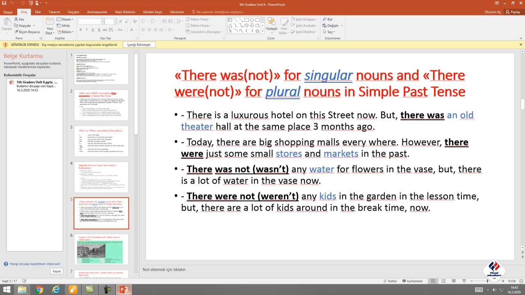There were not or there weren't any kids in the garden in the lesson time before, but there are a lot of kids around in the break time now. So for singular nouns, we use there was or there was not. And for plural nouns, for plural objects, we use there were or there were not.